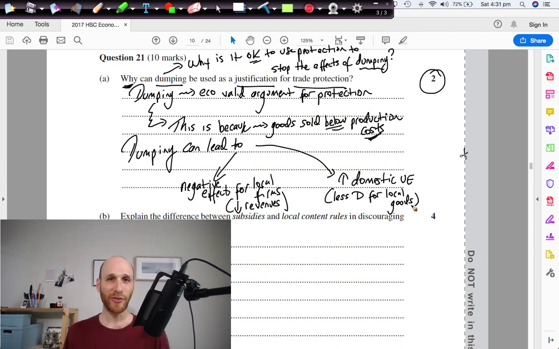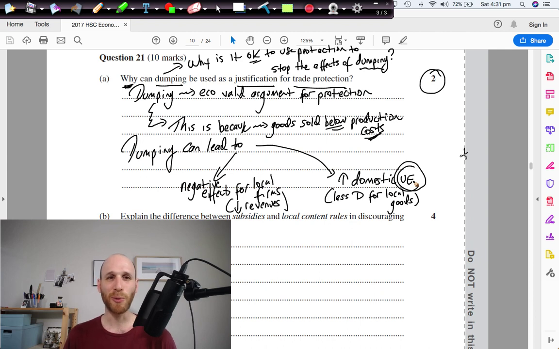What can happen is that there are negative effects for local firms because there's all this cheaper foreign product out there on the market. Firms' revenues are going to go down, and also we're likely to see a rise in domestic unemployment. This is because there is less demand for local goods, so less derived demand for workers to produce those goods.